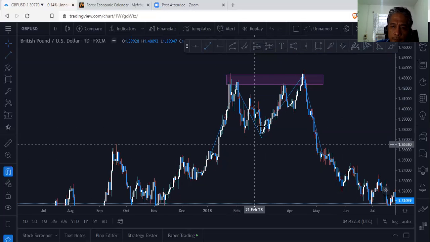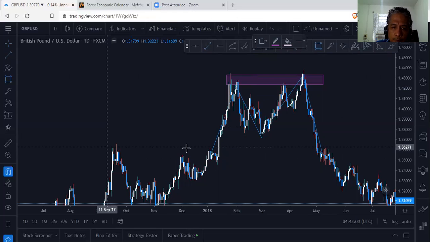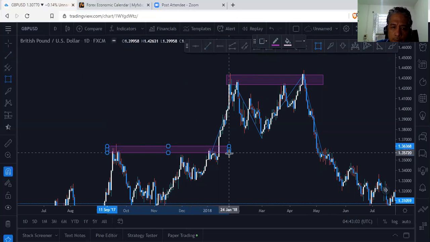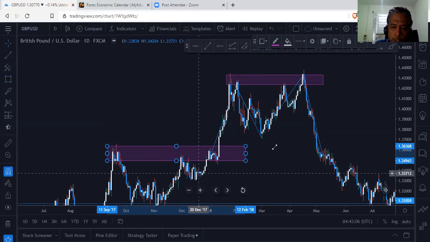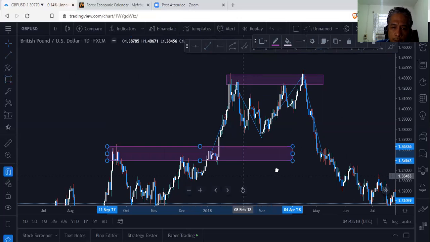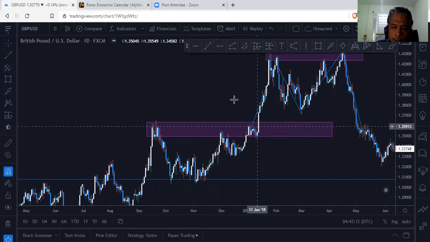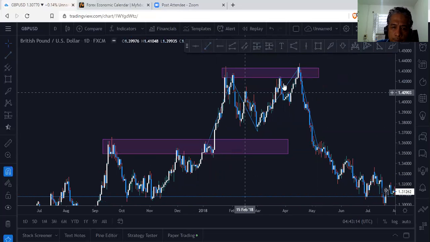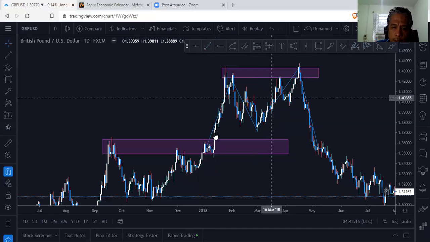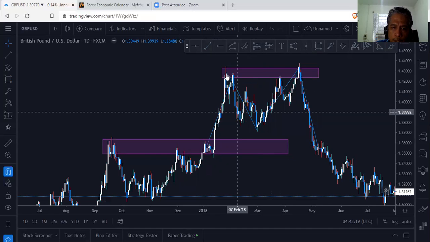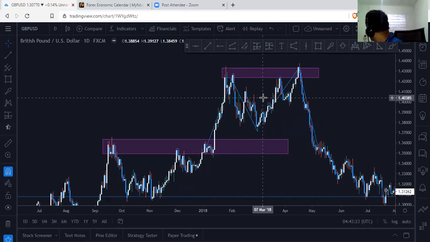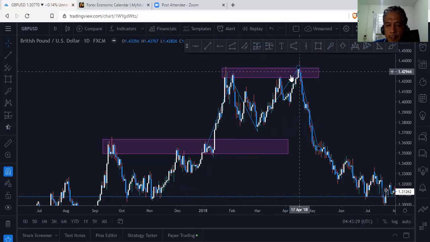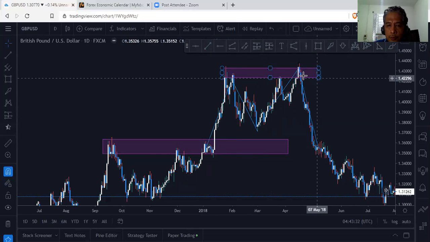You can see here that the market from here was able to break it, make a higher high, and this movement will be a climax move. The market tried to move up and test this resistance, but it was not able to.